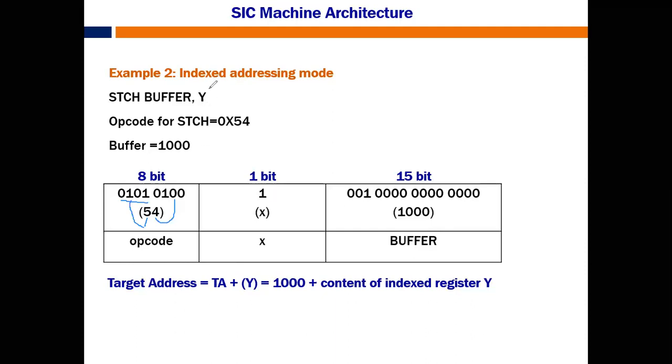X is nothing but register y here. Generally it is taken as x, here it is taken as y. So the contents at the register y here, so 1000 plus the content of indexed register y will be the target address.